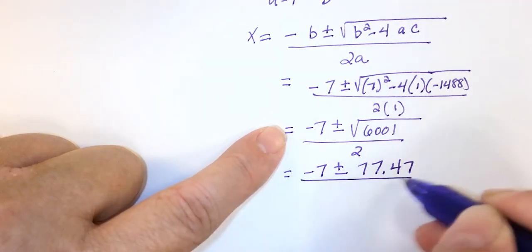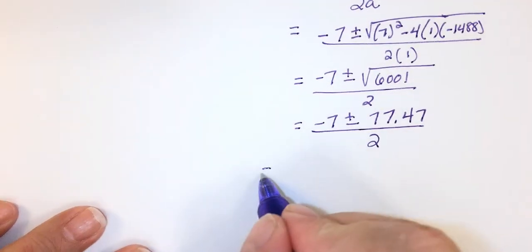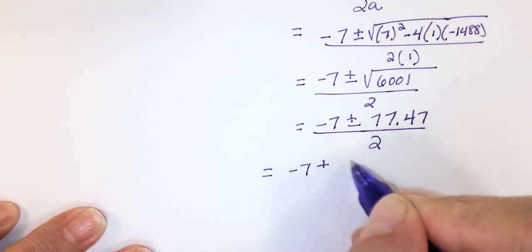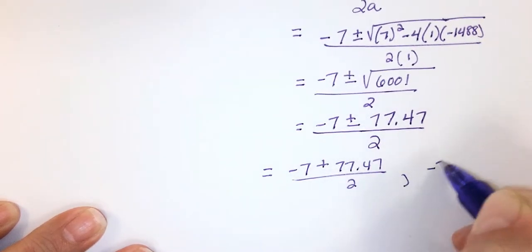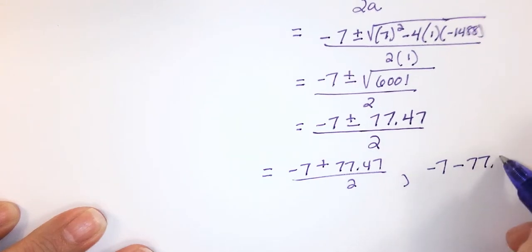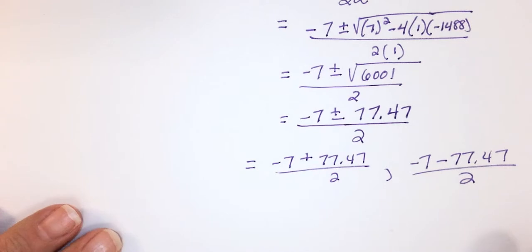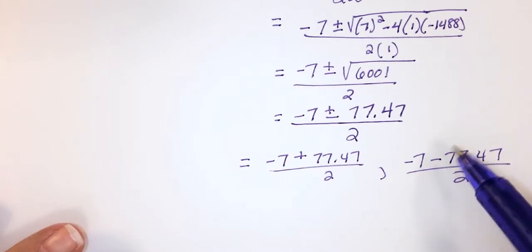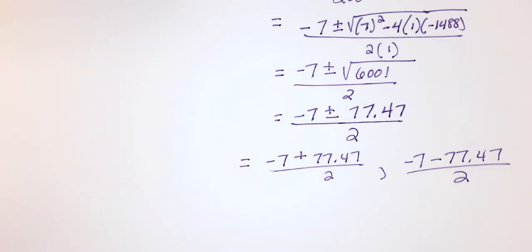Divide by 2. Now we need to talk about this. Normally we would separate this and say negative 7 plus 77.47 divided by 2, and negative 7 minus 77.47 divided by 2. One of these is an issue, and it is because this gives me a negative. Even if I divide by 2, it still gives me a negative.